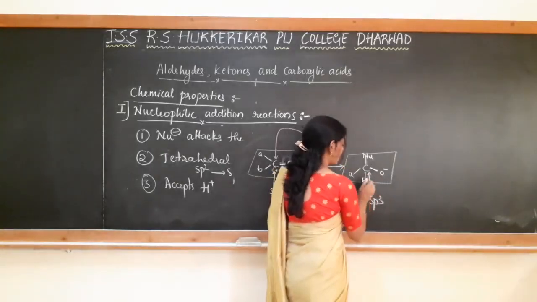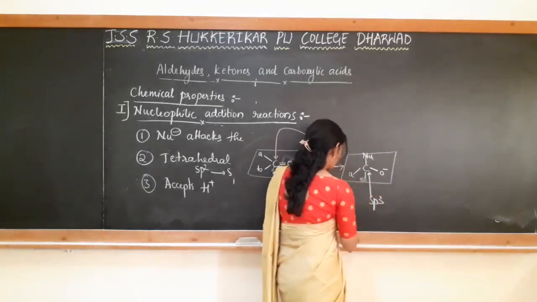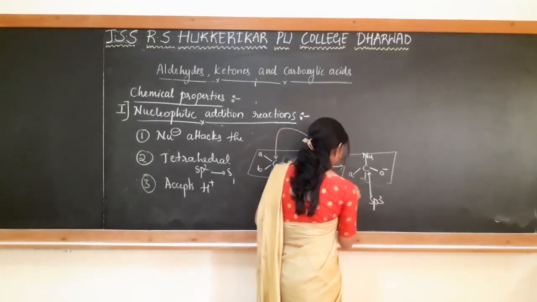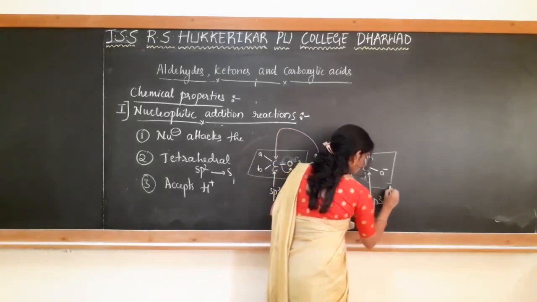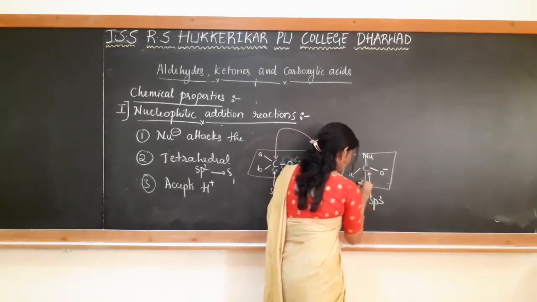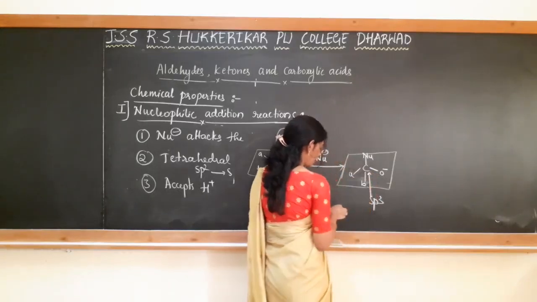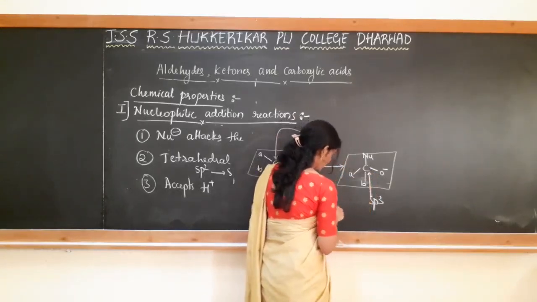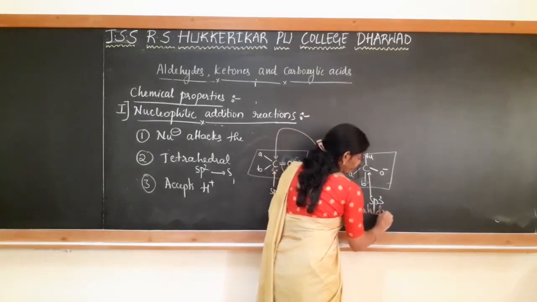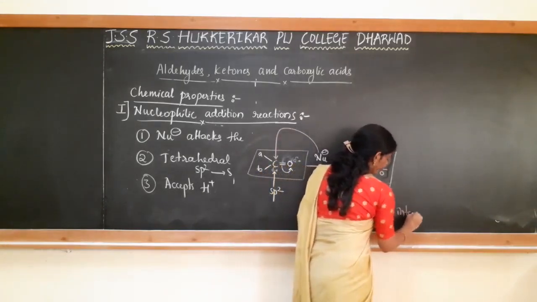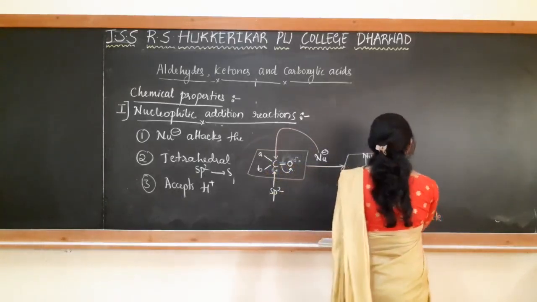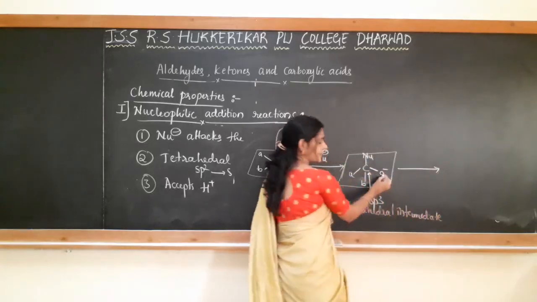So the sp2 hybridized state is converted to the sp3 hybridized state. So this is the tetrahedral intermediate, which accepts a proton.